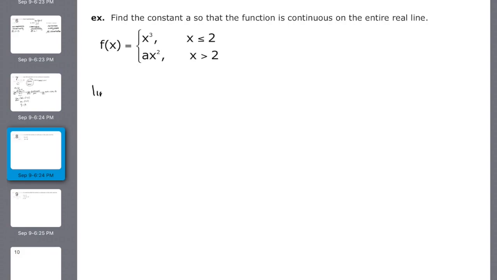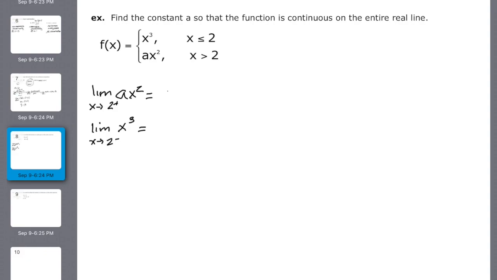So I'm going to look at my limit as x approaches 2 from the positive side, and the limit as x approaches 2 from the negative side. From the positive side, I'm looking for greater, so ax squared. From the negative side, I'm looking for less than, so x cubed. It's really important that we establish which equations we're using for each of our limits. We're going to be very specific with that.